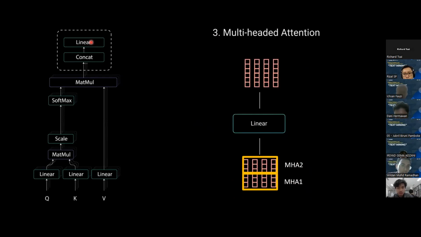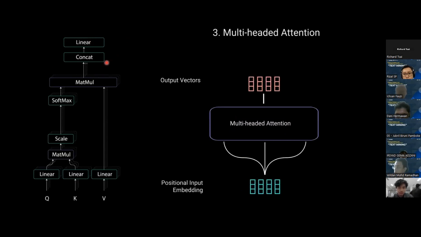So you can see that we are now here. We've just explained how multi-headed attention takes a positional input embedding of a sentence as input and produces an output.